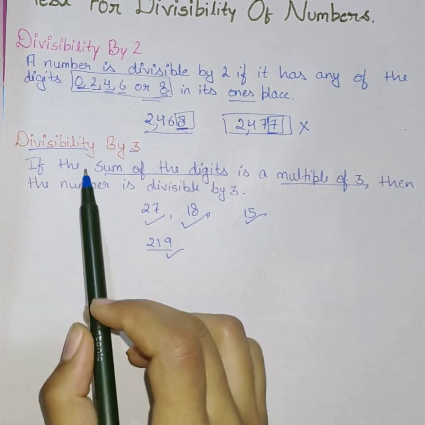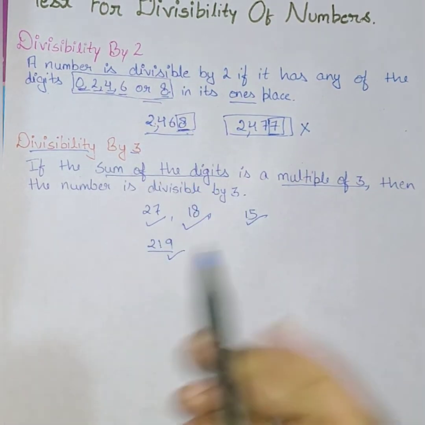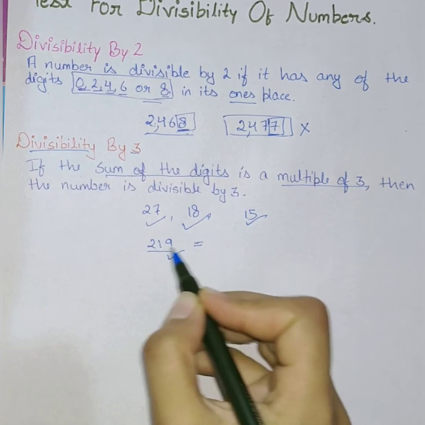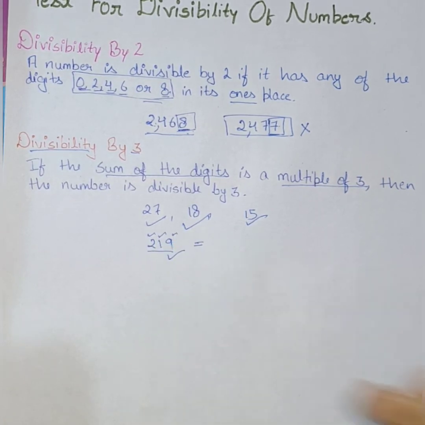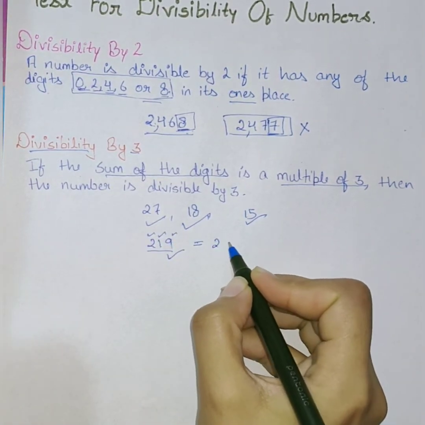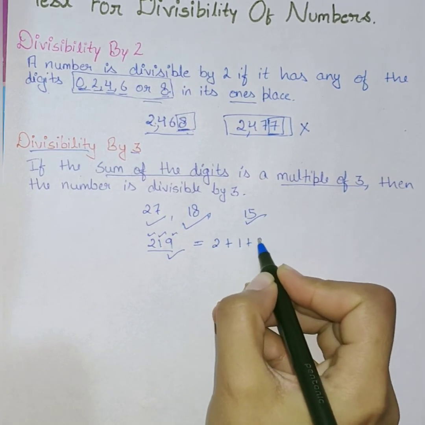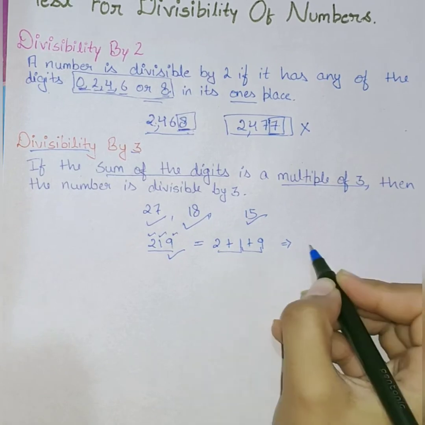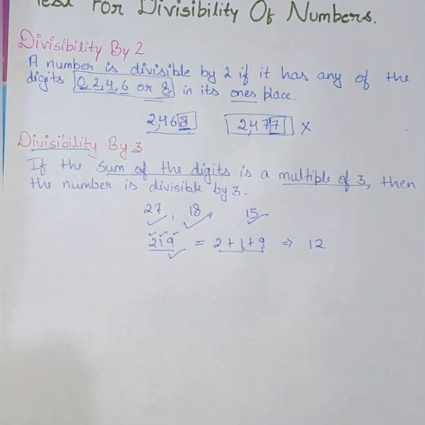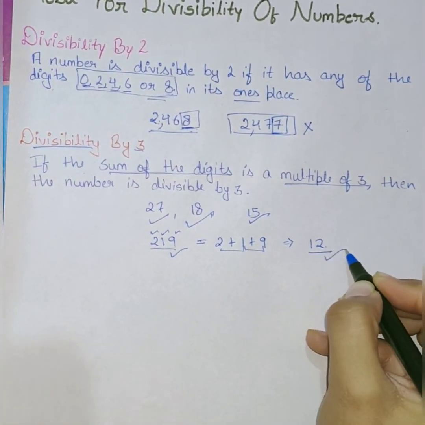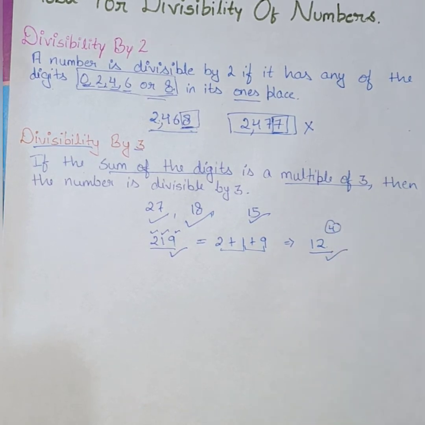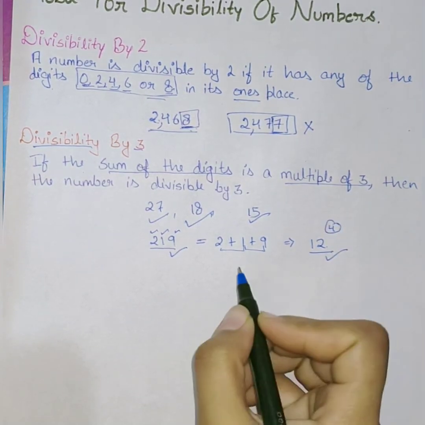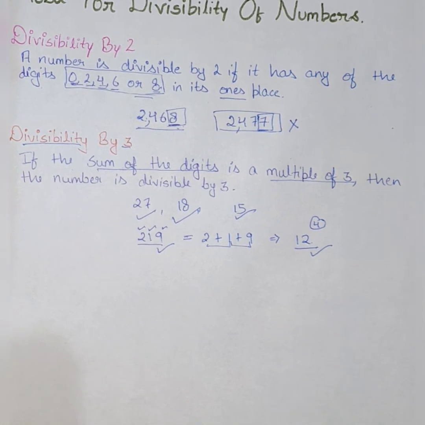The rule says the sum of the digits. This number has 3 digits, 2, 1 and 9. The sum of 2, 1 and 9 is 9 plus 1 is 10, plus 2 is 12, and we all know that 12 is divisible by 3, 4 times, that is 3 fours are 12. So the number is divisible by 3.